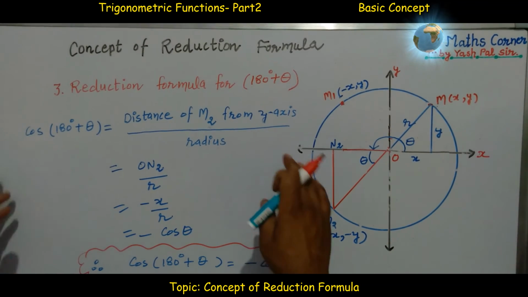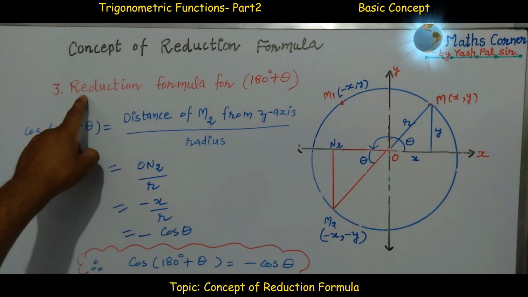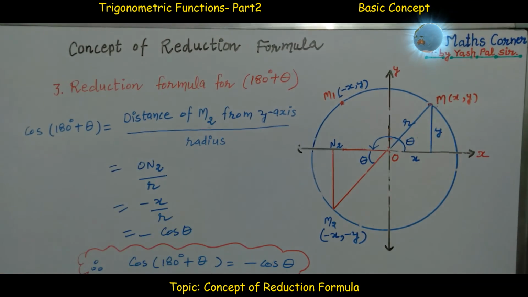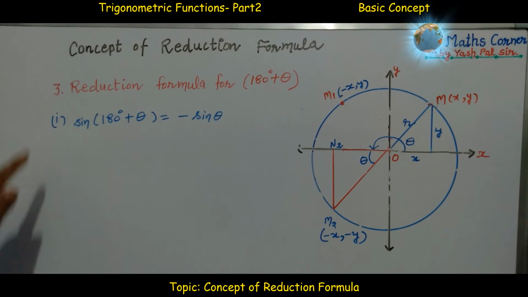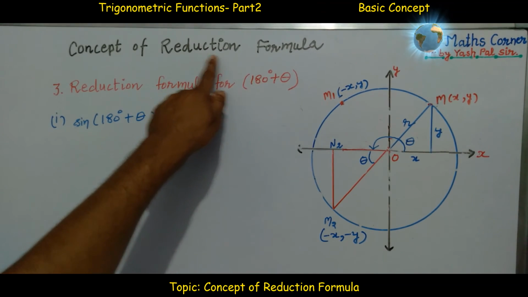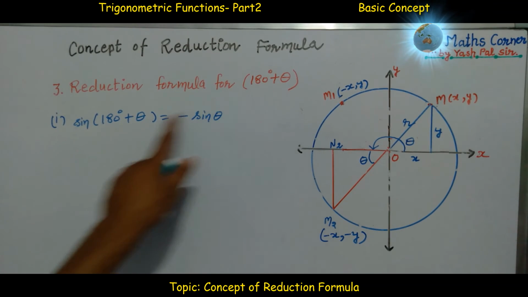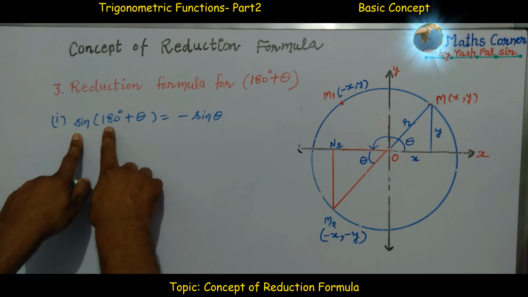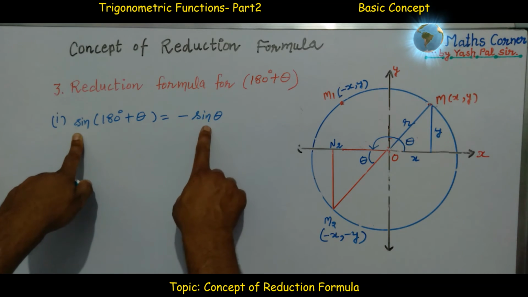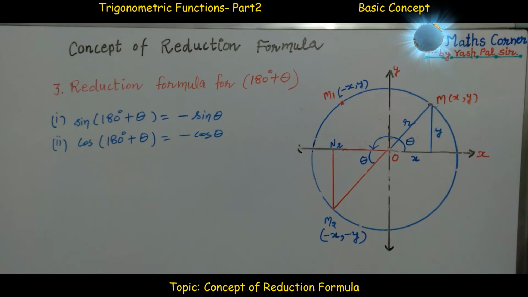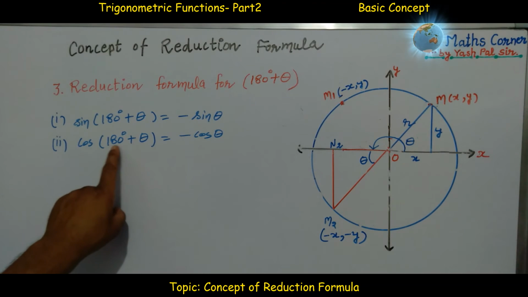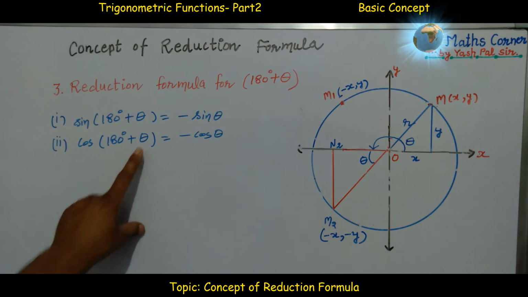Similarly, we can discuss other t ratios in the case of reduction formula for 180 degree plus theta. Under the reduction formula for 180 degree plus theta, the very first one is sine 180 degree plus theta is equal to minus sine theta. Cos 180 degree plus theta is minus cos theta.